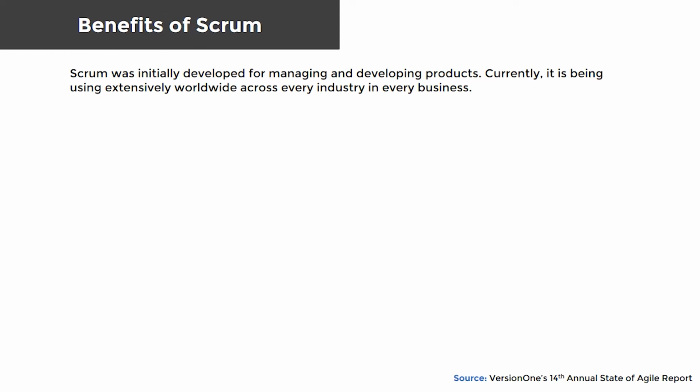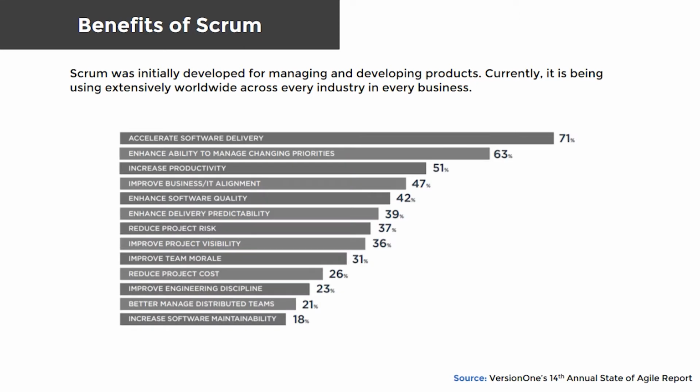According to the 14th Annual State of Agile report by Version One, companies that have adopted the Scrum framework have stated the benefits of adopting Scrum, such as increased ability to manage changing priorities or user requirements, better visibility into projects, increased quality of products, faster delivery time to market, more alignment between business and IT, faster return on investment, reduced project cost, and many others.